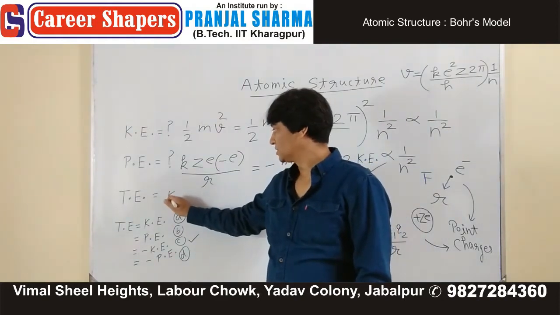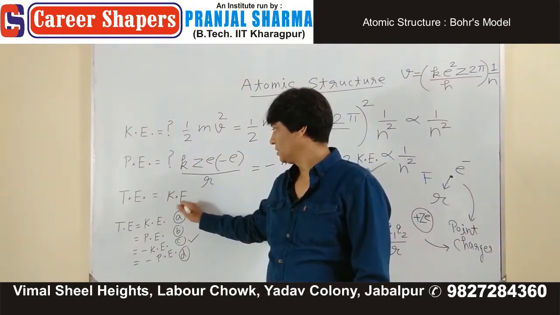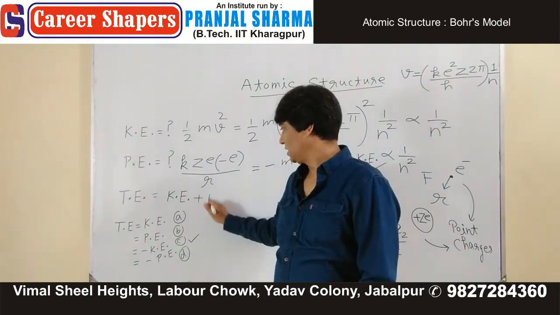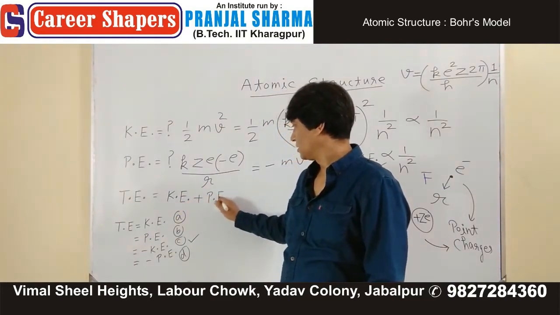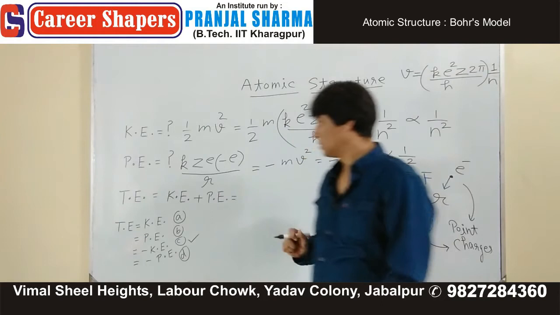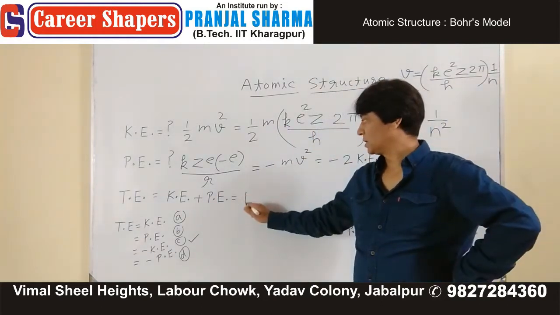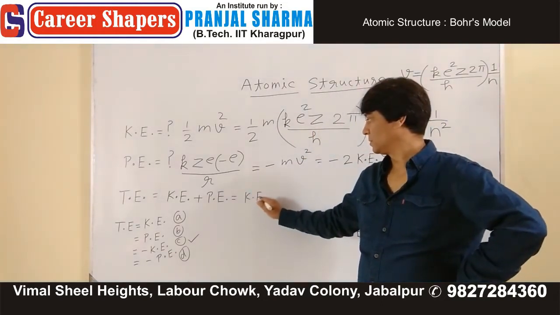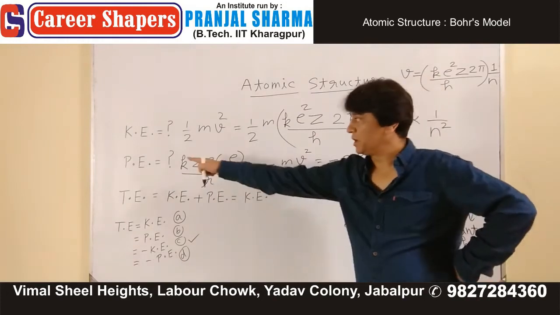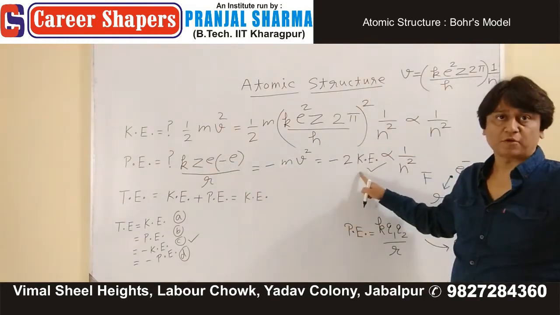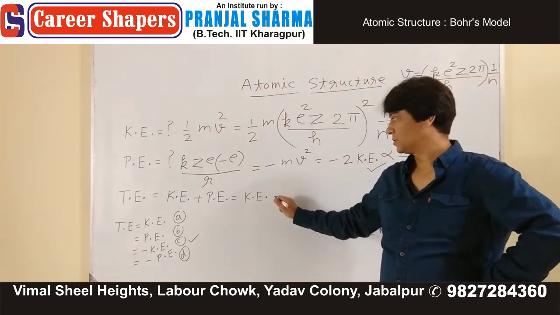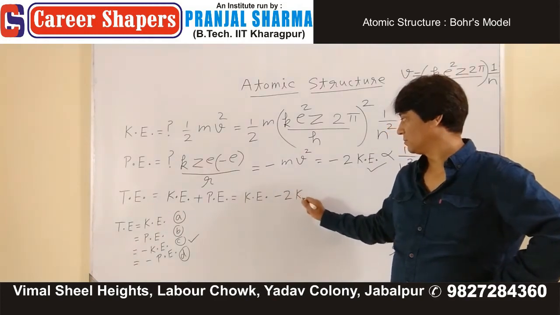Total energy is sum of K and P, which is K. What is P? Minus of 2K. So this is minus of 2K.